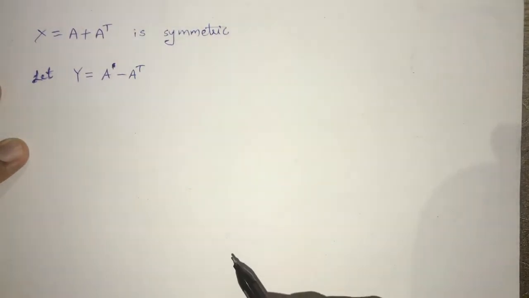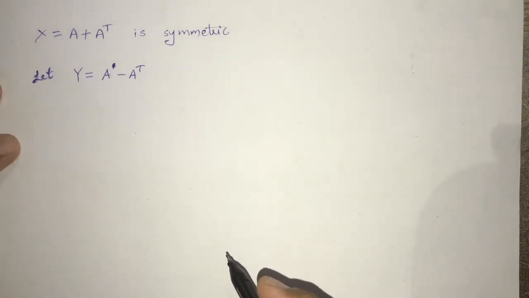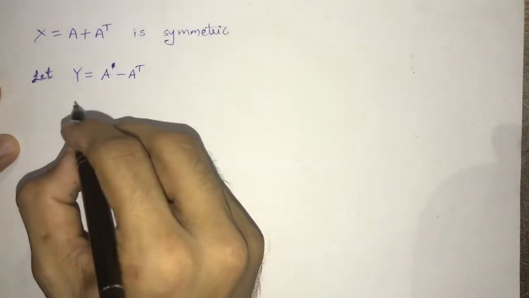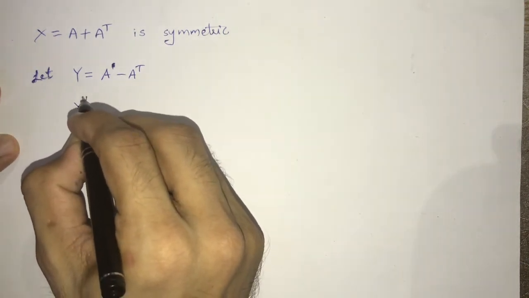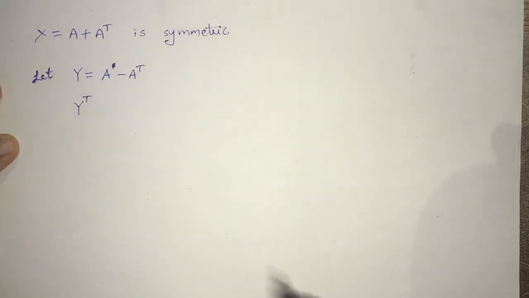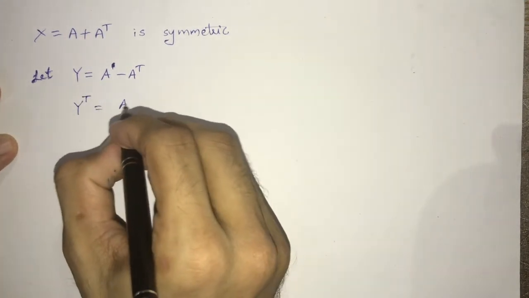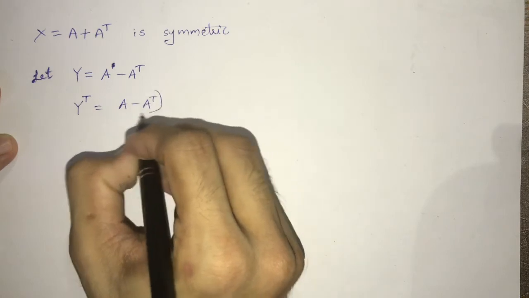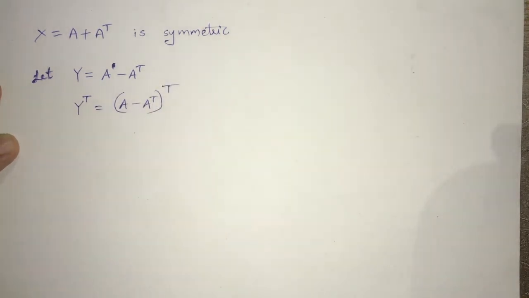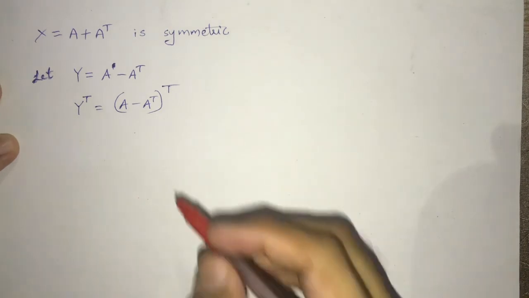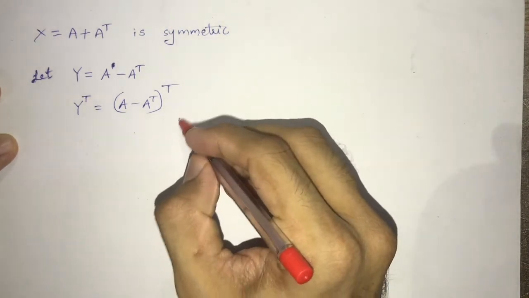So let us take a new matrix Y, which is A minus A transpose. What I'm going to do is take the transpose, Y transpose. So Y transpose will be A minus A transpose the whole transpose. We have done this property.